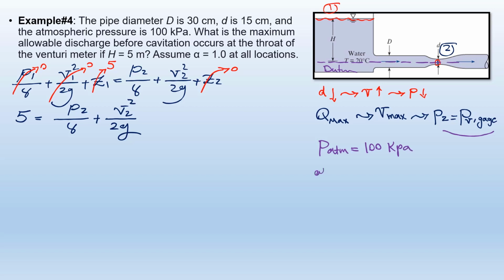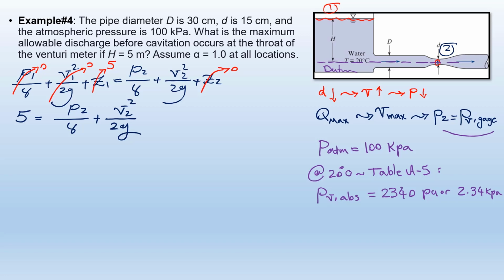So at 20 degrees Celsius, and based on table A5 of your textbook, you can find that the absolute vapor pressure is equal to 2340 Pascal, or 2.34 kilopascal.